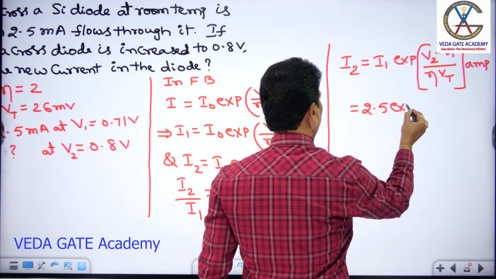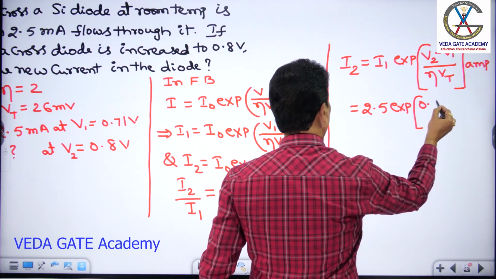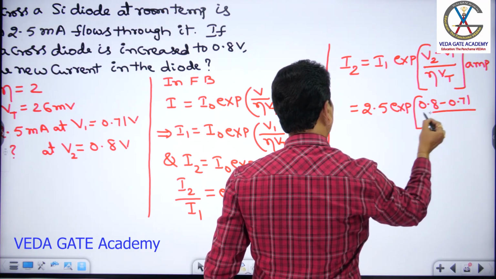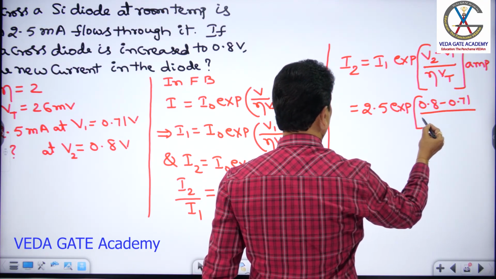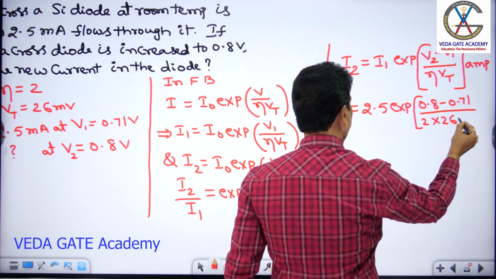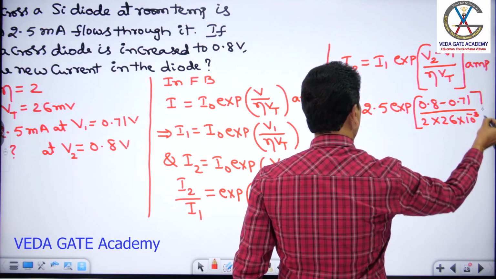Exponential of V2 is 0.8, V1 is 0.71, eta for silicon is 2, and Vt at room temperature is 26 millivolt, so 26 times 10 power minus 3.